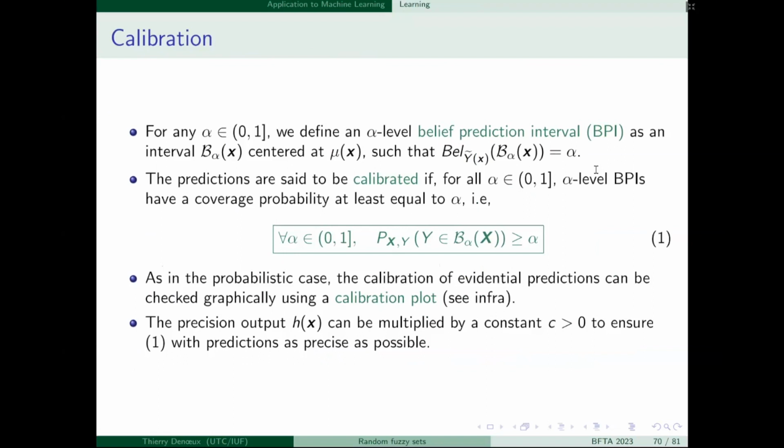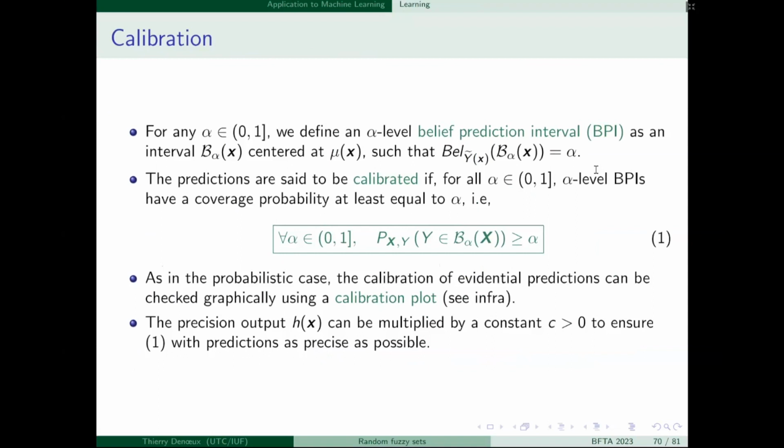So now, here I define an interval, which I call an alpha level belief prediction interval, as an interval centered on the predicted mean, mu of x, such that the degree of belief of the interval is alpha.